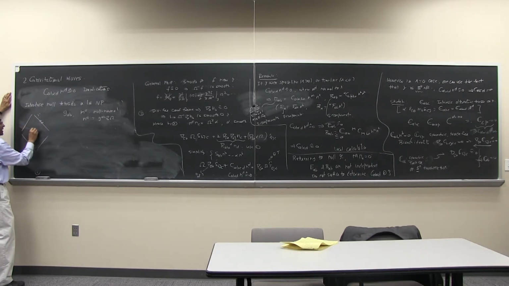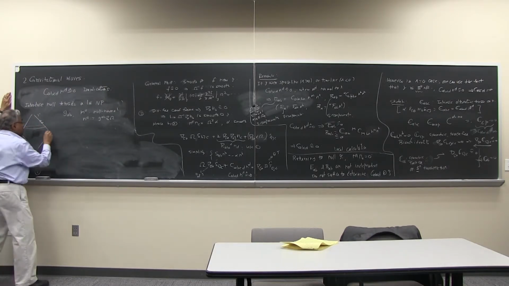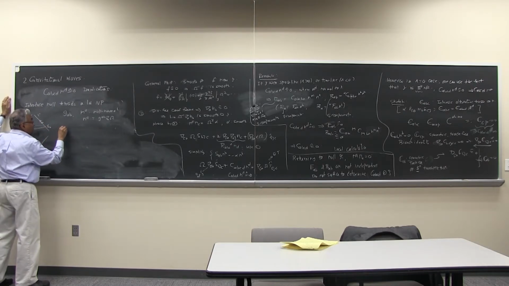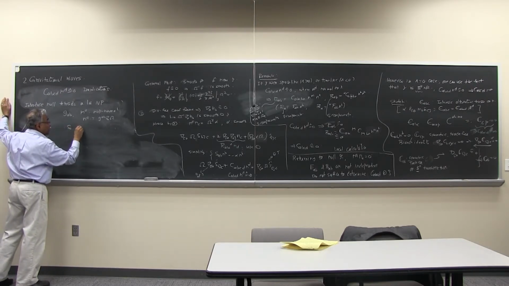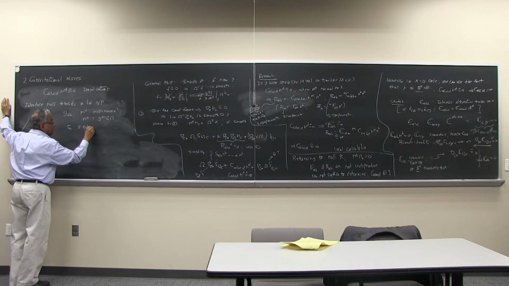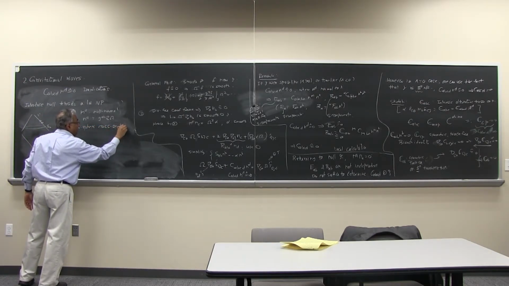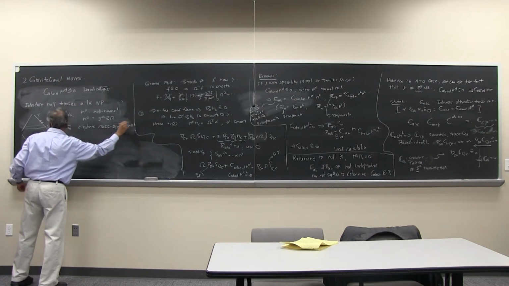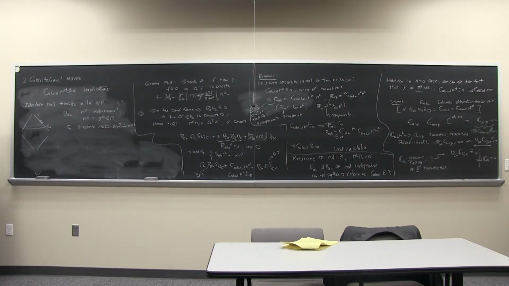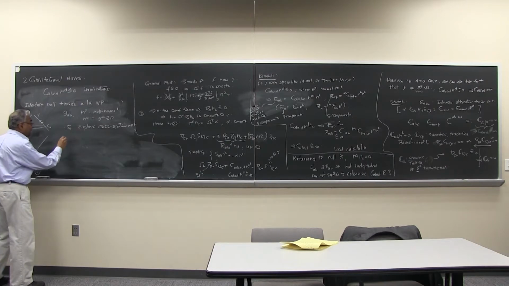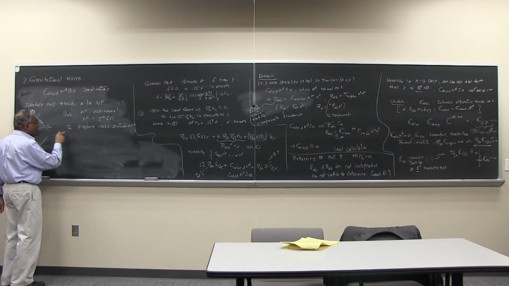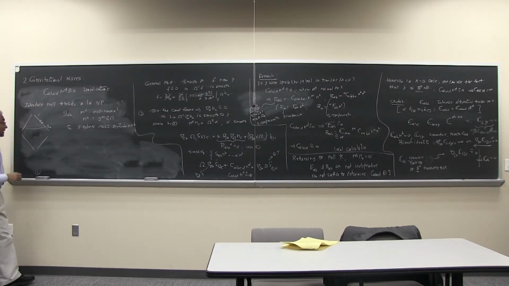I construct a tetrad on scri as follows. Consider any cross section of scri, let's call it S0. S0 is any two-sphere cross section of scri. I'm going to label this cross section by some coordinate.